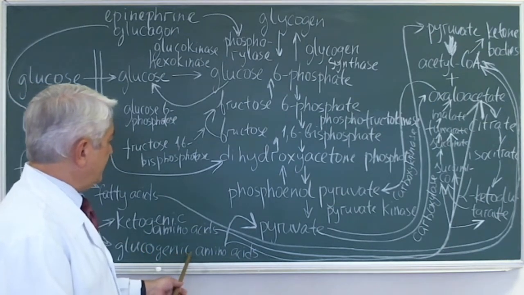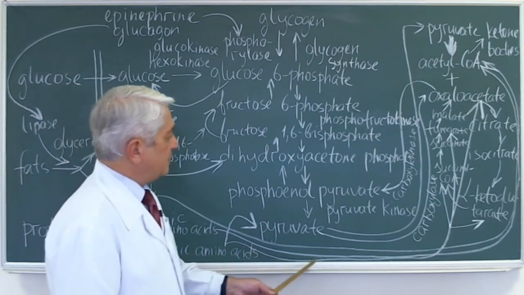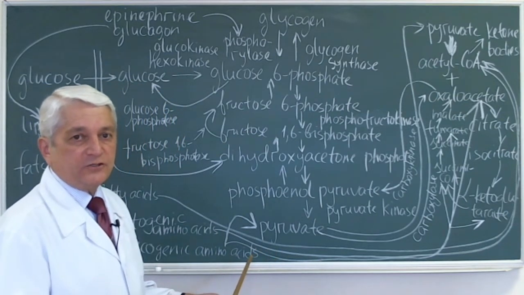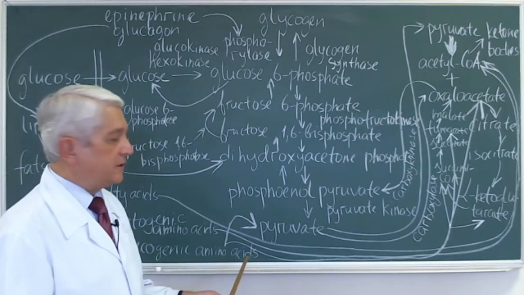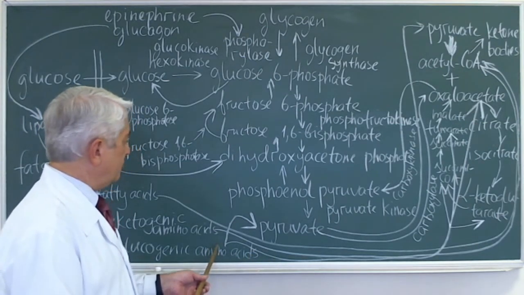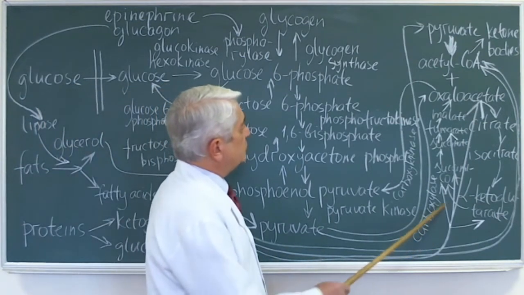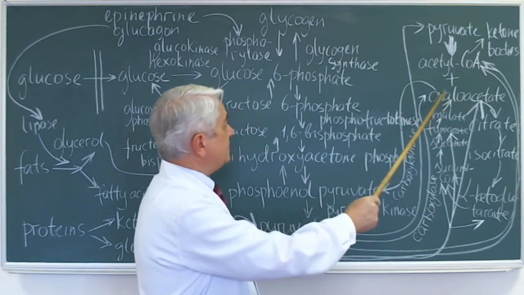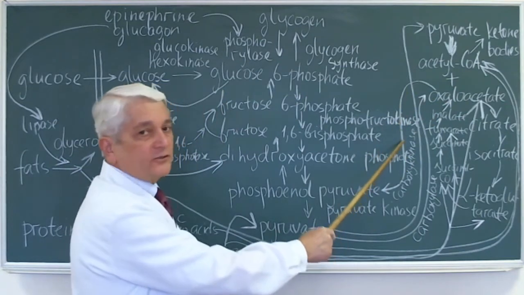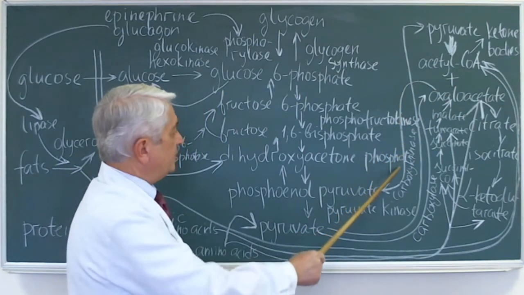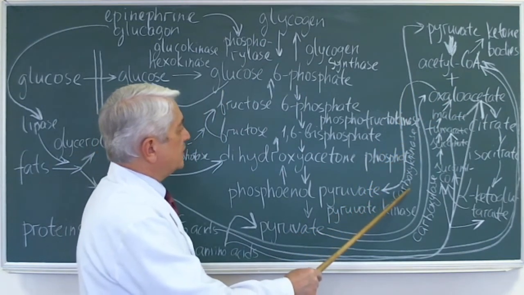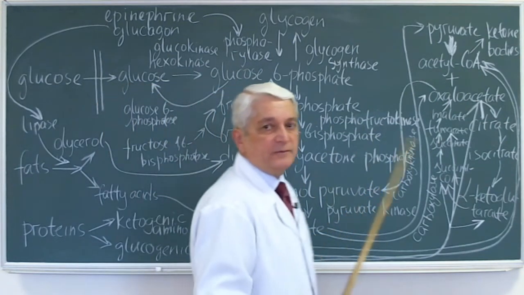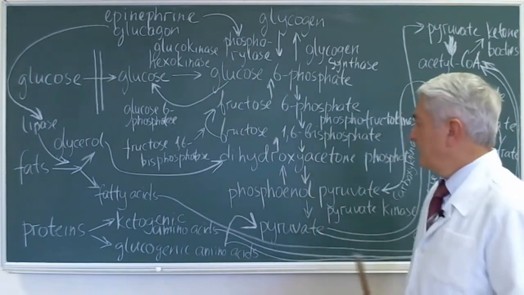Then aspartate after transamination, so after change of amino group to keto group, it will produce oxaloacetate, and then oxaloacetate, with phosphoenolpyruvate carboxykinase will produce phosphoenolpyruvate.